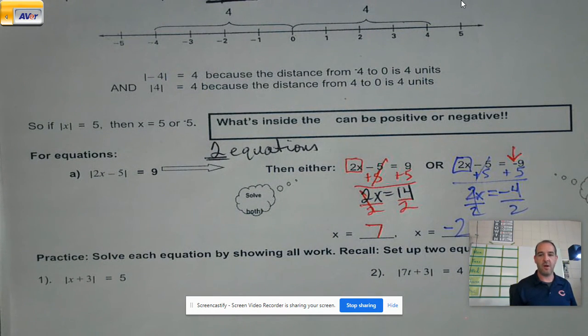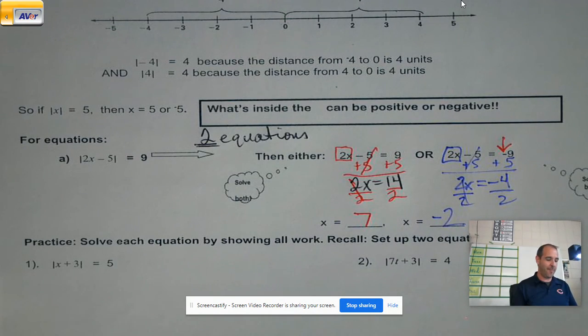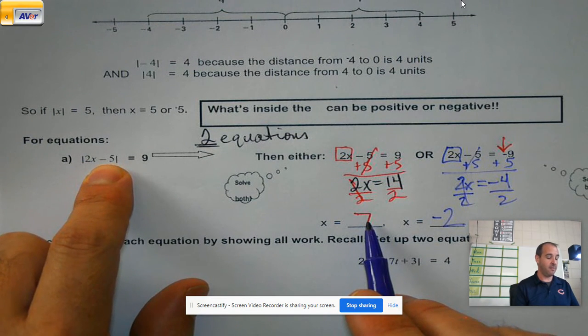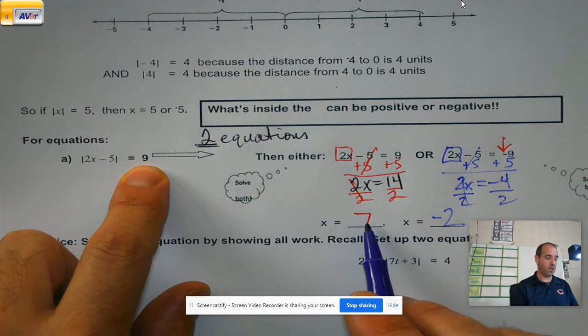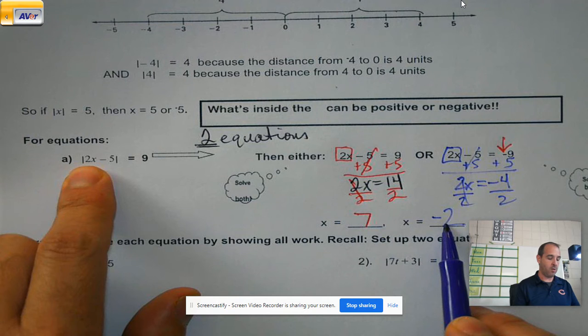You're like, okay, so how do I know if I'm right? Besides checking an answer somewhere. Plug it in. 2 times 7 is 14. 14 minus 5 is 9. And the absolute value of 9 would be 9. Okay, that one works. 2 times negative 2 is negative 4.